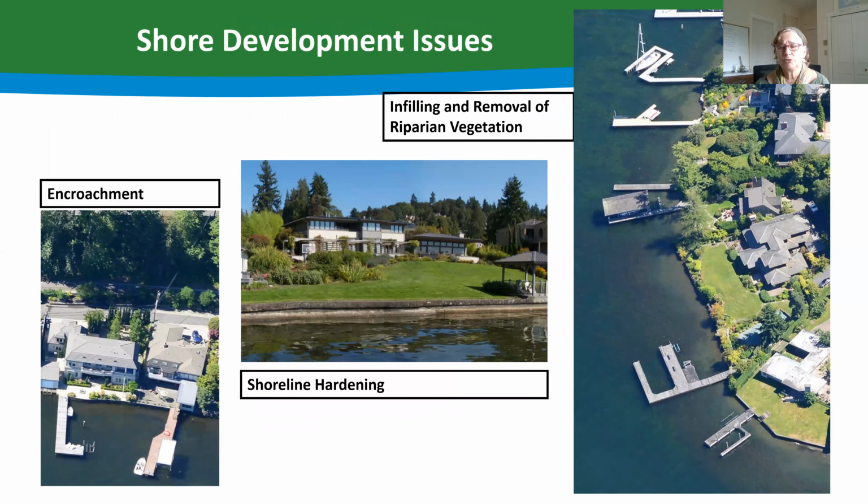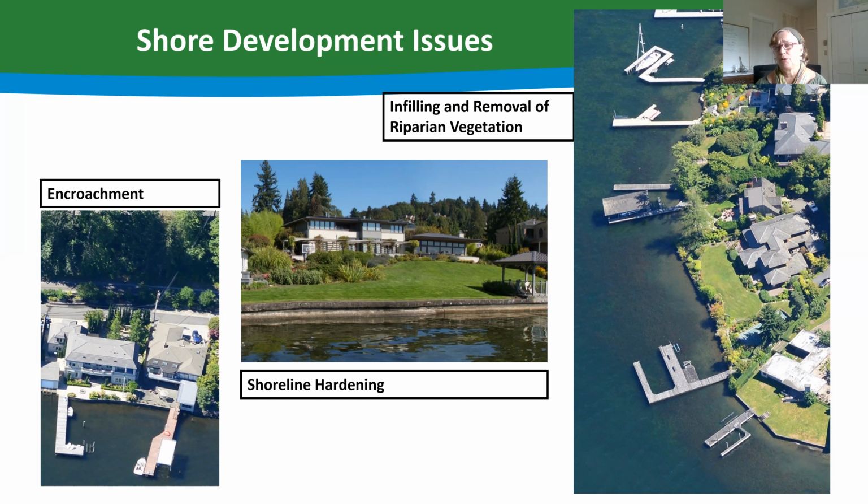But we do have some shoreline development issues. Often we see encroachment into the foreshore area with fill and then docks. We have shoreline hardening, where we remove the natural shape of the shore and put either a bulkhead made of concrete or riprap.